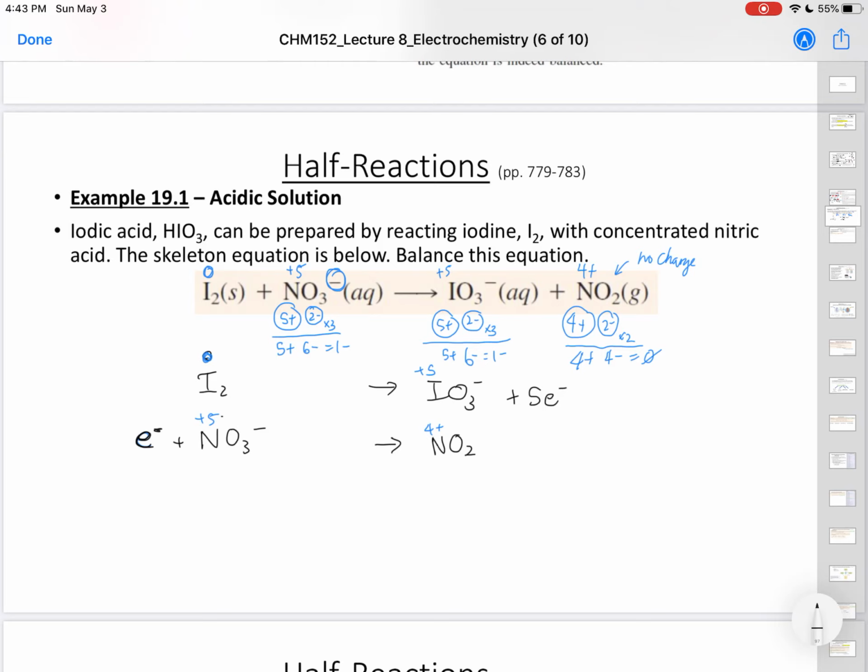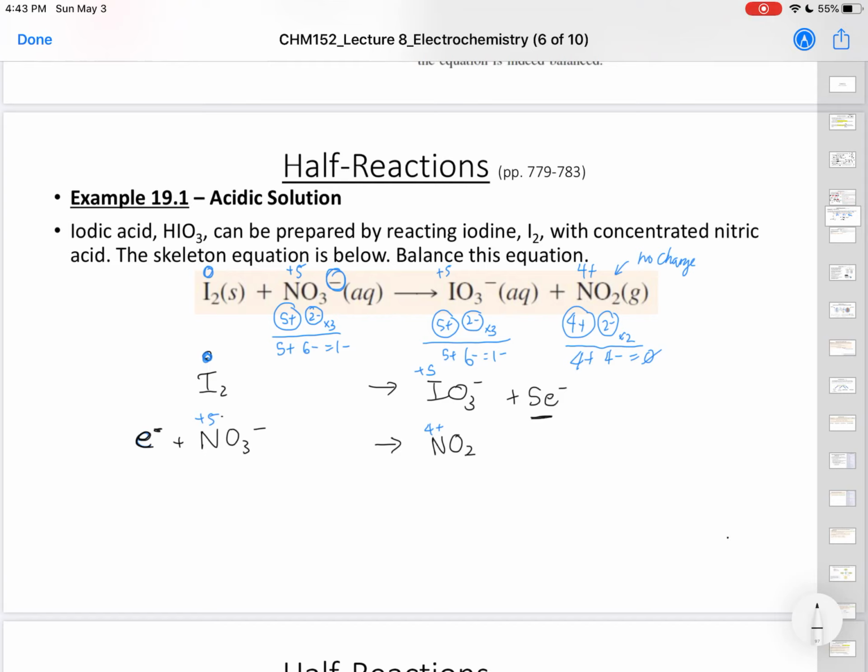Okay. The next thing we should really do is consider the oxygen count. Actually, let's do the oxygen count at the end. It's easier to do it at the end.